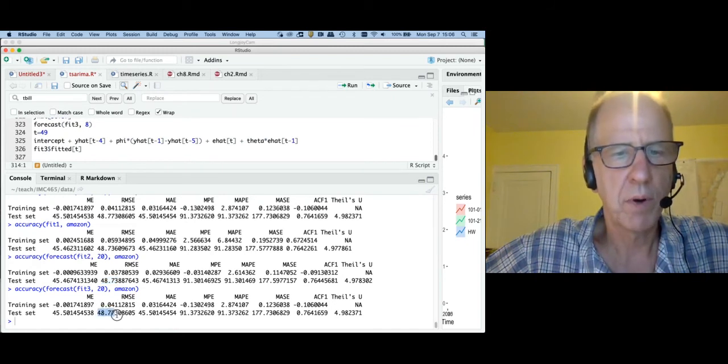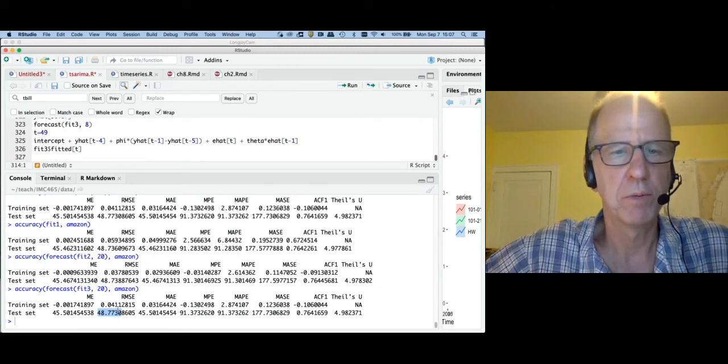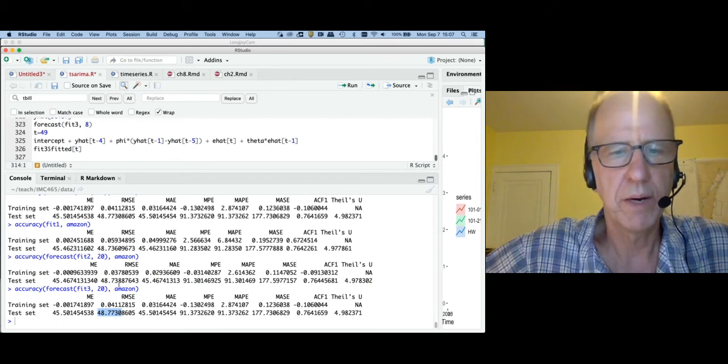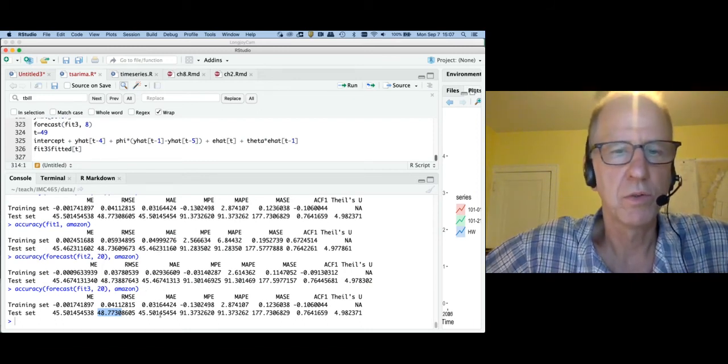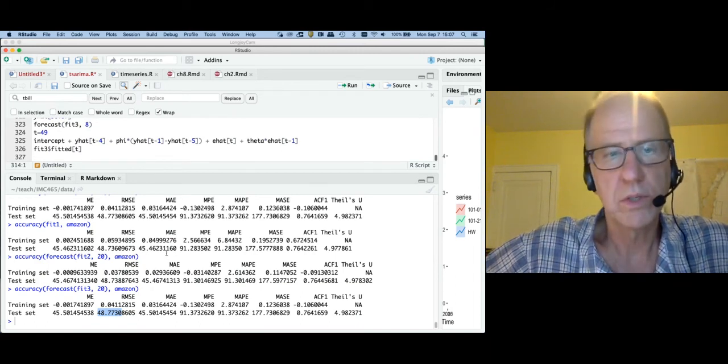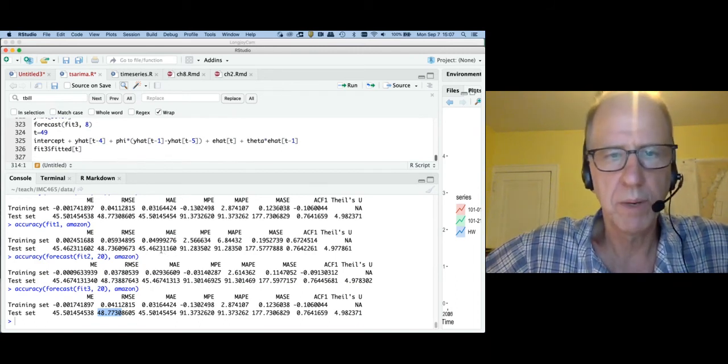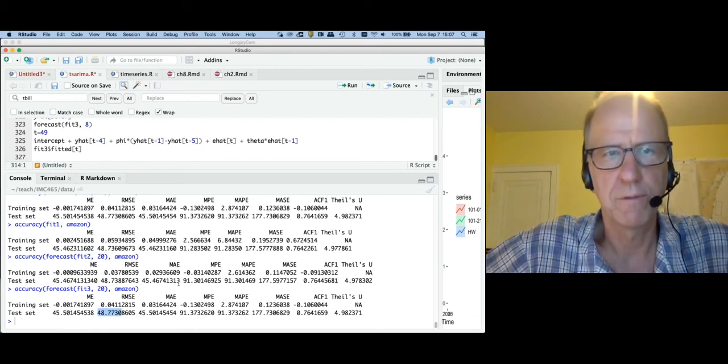You can see that my more parsimonious model is 48.77, so just a tiny bit worse than the ARIMA model. When we look at the other measures, we come to similar conclusions, that the Holt-Winters estimates win by a tiny bit. The other models are pretty close.